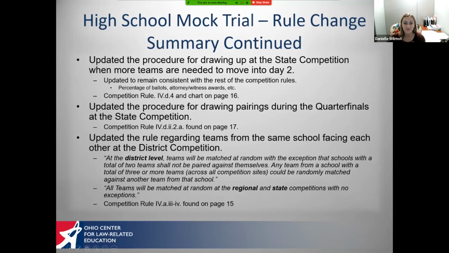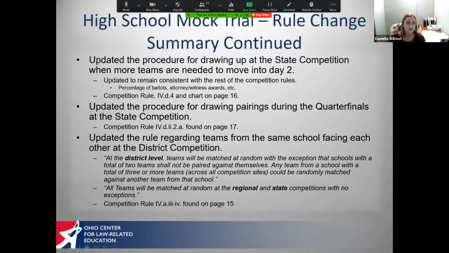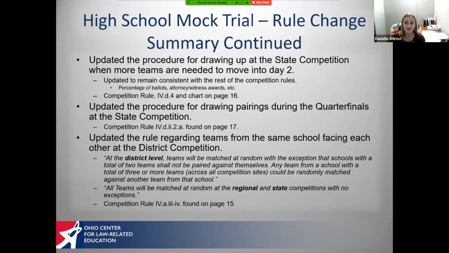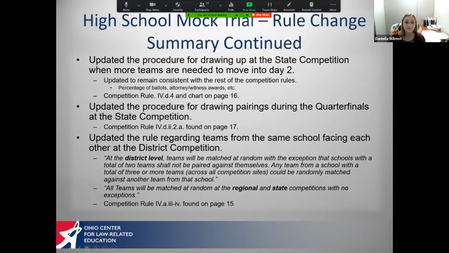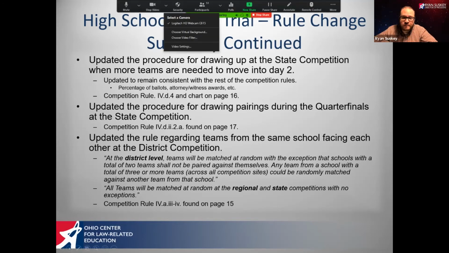So let me pause now and take a moment to make sure that we have clarified everything in terms of the updated rules. And just something that we want to clarify too, as we present these, we're operating on a dual track this year because our competition committee met to look at rules for the competition as a whole, as we do every single year.